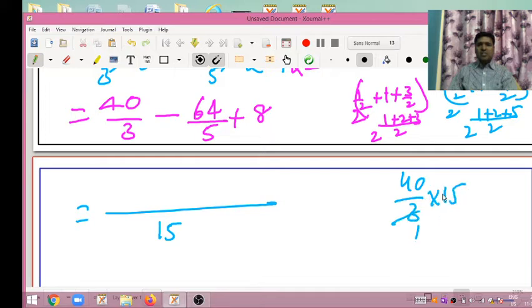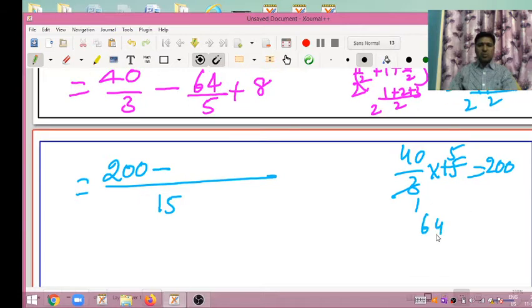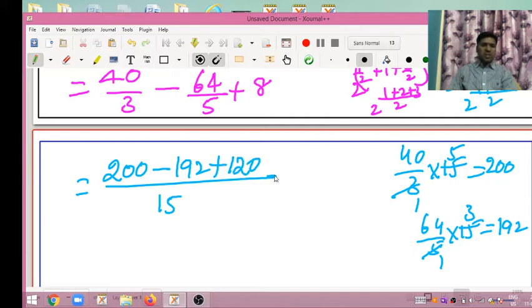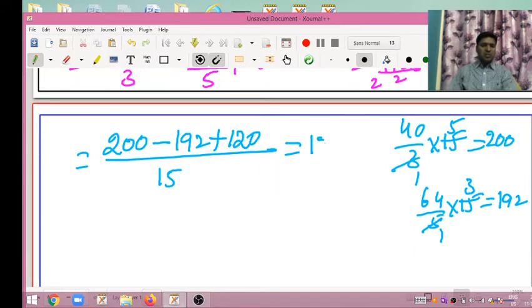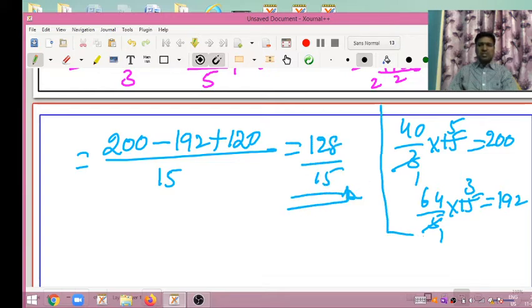How much, my dear friends? 3 1s are 3, 5 3s are 15. 4 5s are 20, means 200, my dear friends. 200 minus 64 by 5 into 15. 5 1s are 5, 3 64s are 192. 3 4s are 12, 3 6s are 18 plus 1 is 19. 192 plus, again, 15 8s are 120, my dear friends. By simplifying this one, how much, my dear friends? 128 by 15, my dear friends. 128 by 15. This is rough work.